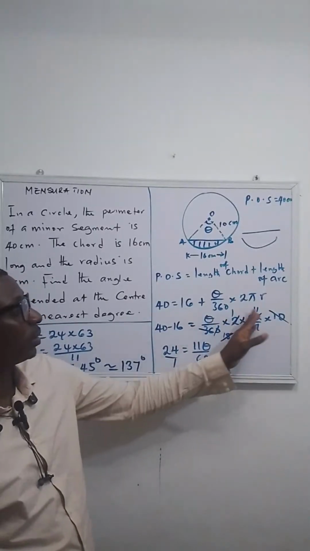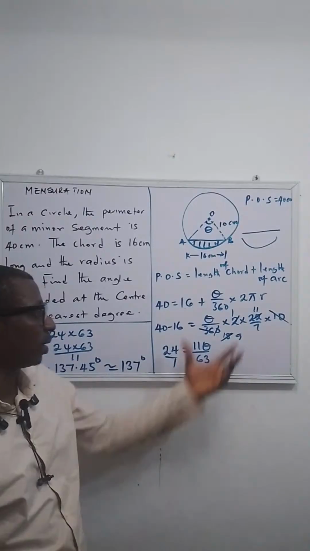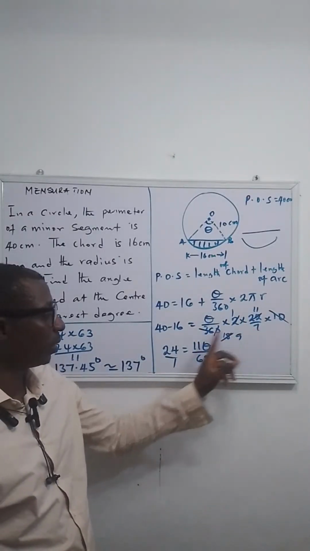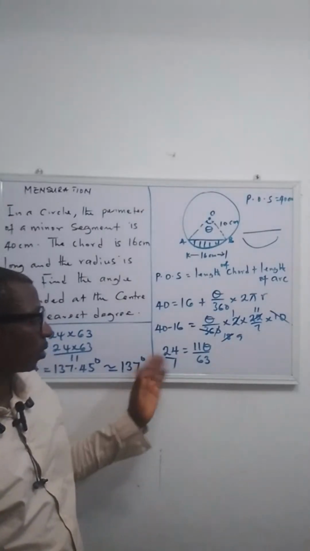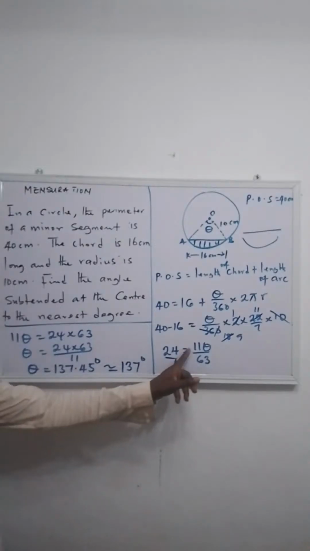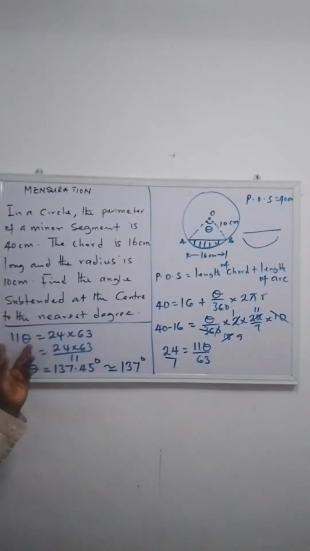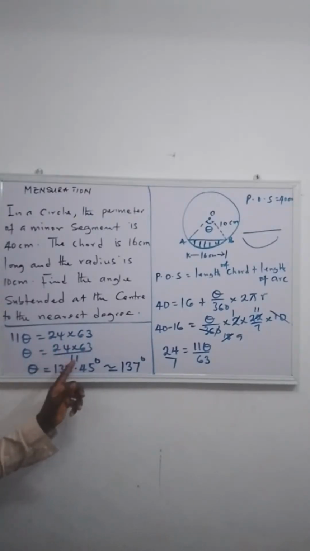So what we are left with up here is theta and 11. And we have 63 here. So you can cross multiply. When you cross multiply, you have 11 theta times 1, and this times this, you have that.